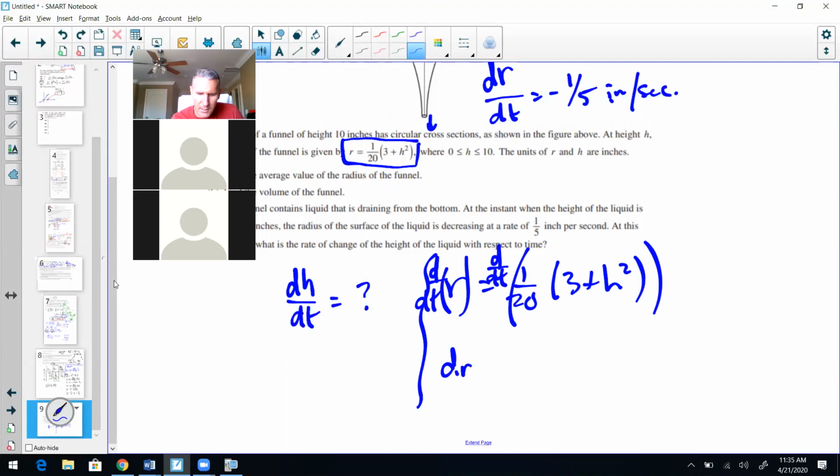I get dR/dt equals, so let's just do this. That's going to be 3/20 plus 1/20 H squared, right? So differentiating that with respect to time, the 3/20 goes away and I'm just left with 1/10 H times dH/dt.